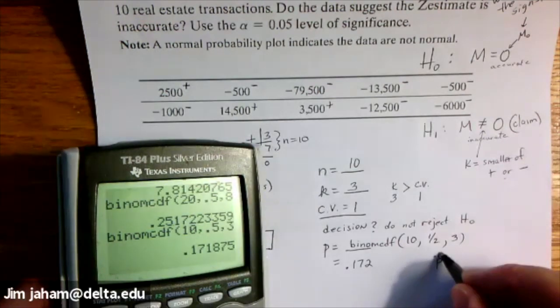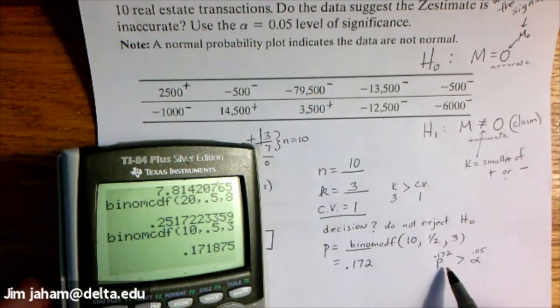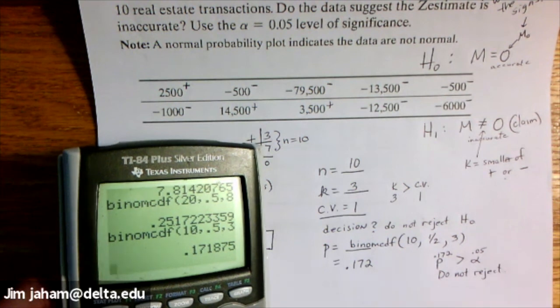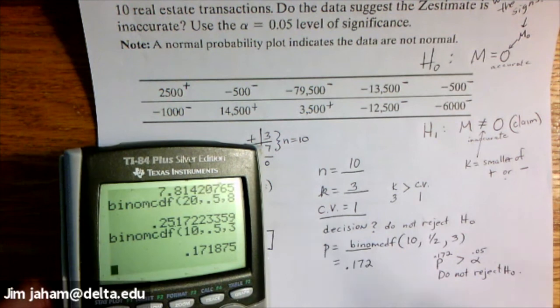P at 0.172 is greater than alpha at 0.05, and whenever p is greater than alpha, we do not reject. So this test, you can make the decision based on the p-value, you can make the decision based on the critical value. It's just a little bit different than what we've done in the past.